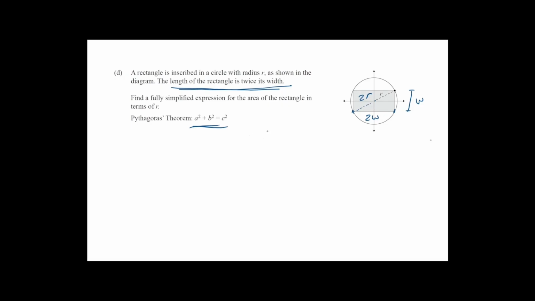solve it. So the area here is going to be 2w times w. So it's going to be 2w squared, i.e. 2w times w. Okay, so with that there, I don't know why there's a little r there. The area is going to be that. Okay, let's use Pythagoras' theorem now to see what we can do.